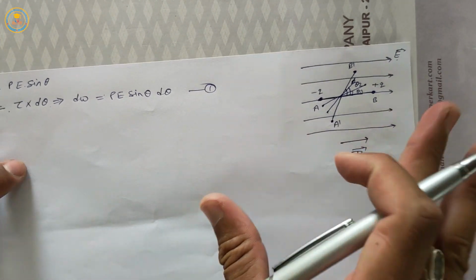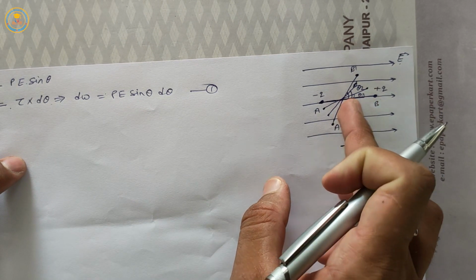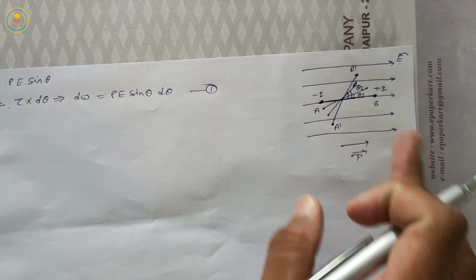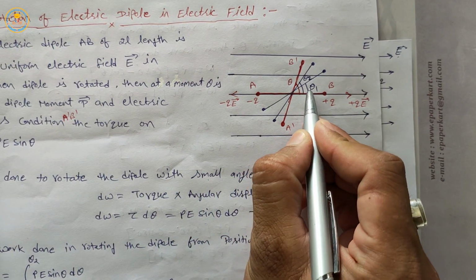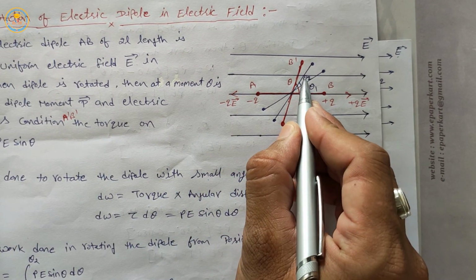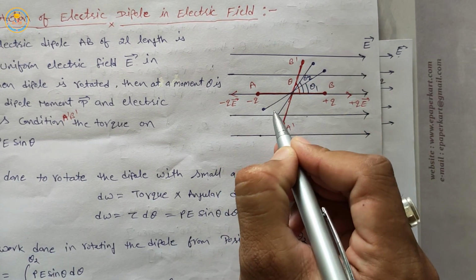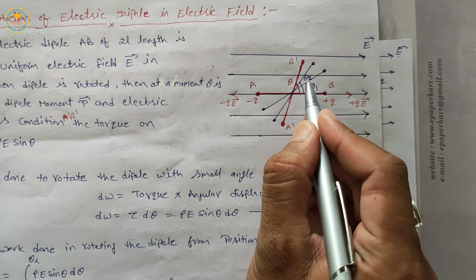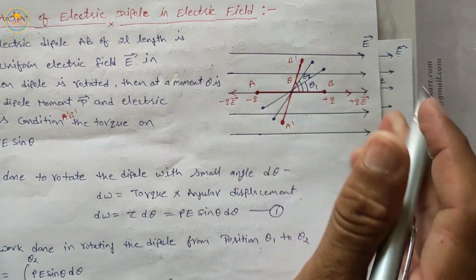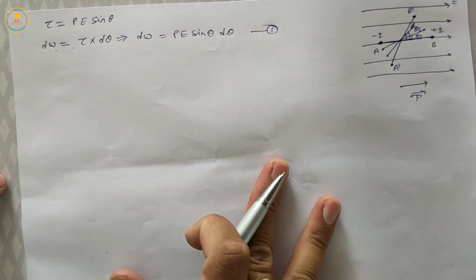It means we rotate this electric dipole from position theta 1 to theta 2. You can see in this figure, this is theta 1 and this is theta 2. We rotate this dipole from this position to this position.